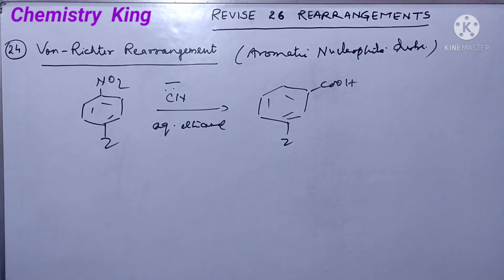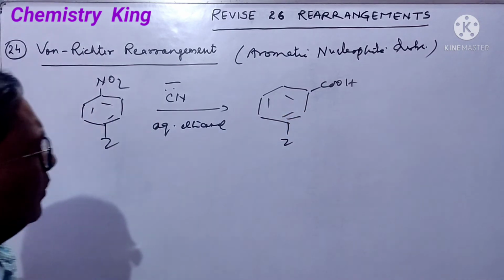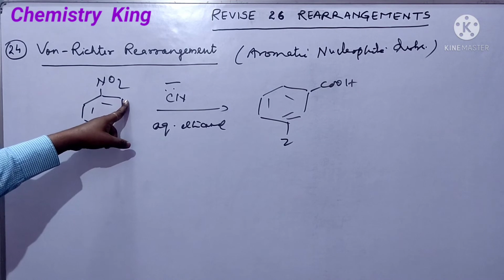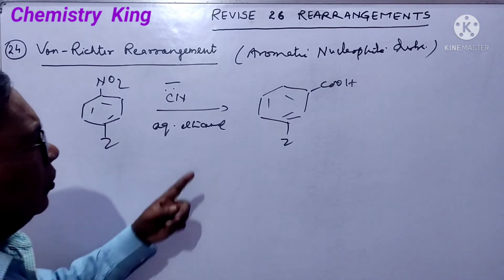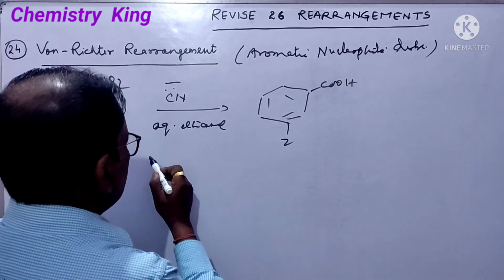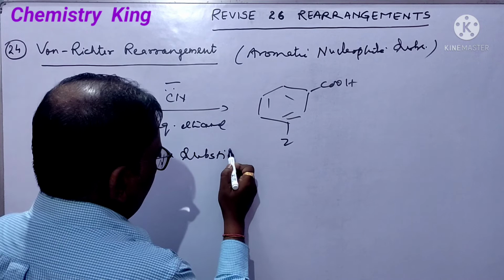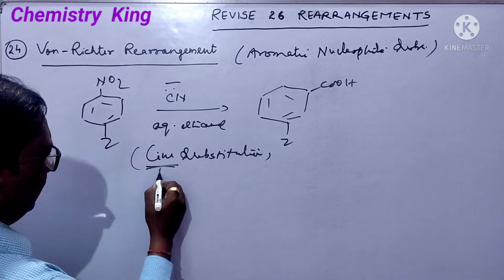And carboxylic acid, carboxyl group gets attached with the carbon that is just adjacent to nitro group. And so it is also called cine substitution. Cine means adjacent.